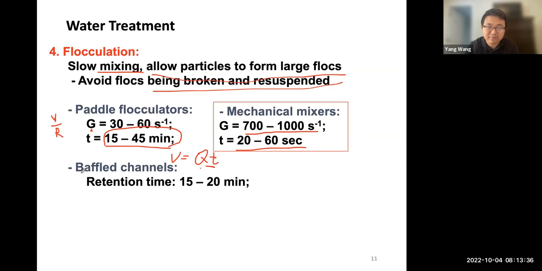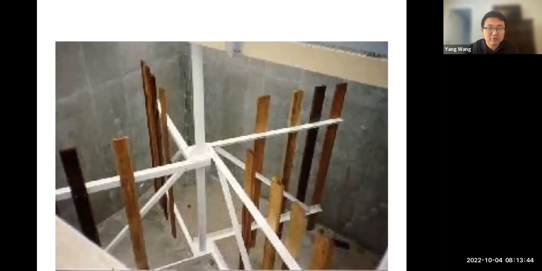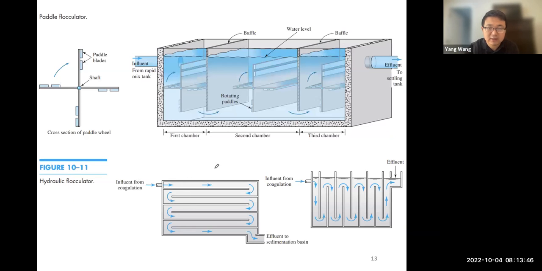We can also have the baffle channels. So what happens in the baffle channels is that instead of using a rotating part, we can just create different channels that let the water flow or elongate its residence time. Okay, so for example, here you can have a reservoir that looks like this. If we draw out the 3-dimensional shape, it's going to have a cubic shape, right?